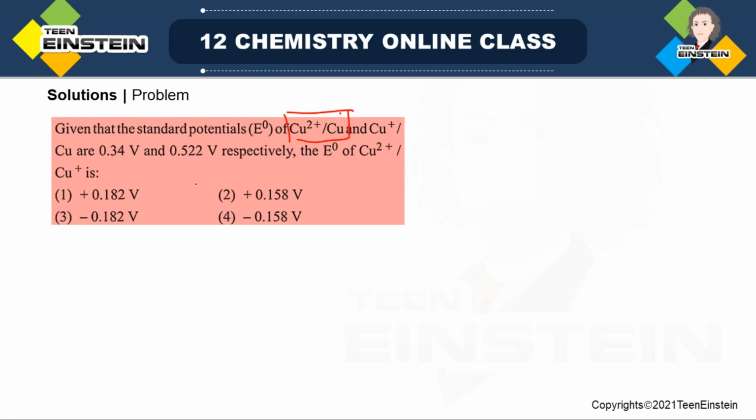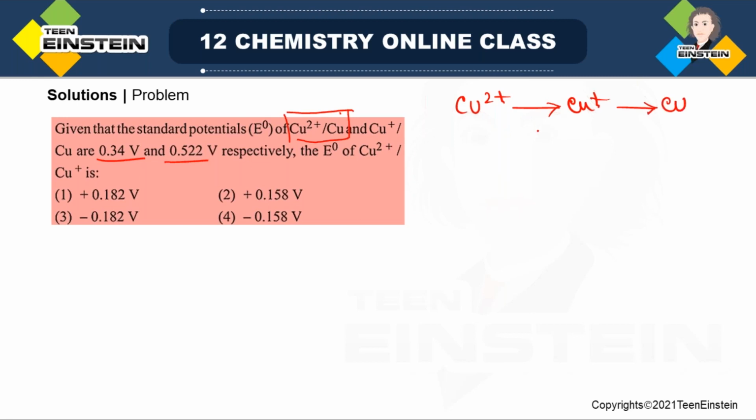So don't think these two are half cell reactions. No, it is not a redox reaction. Just two systems are given, and 0.34 is for the first system, 0.522 is for the second system. So you have to find out Cu2+ to Cu+. As if it is Cu2+, then Cu+, then Cu.